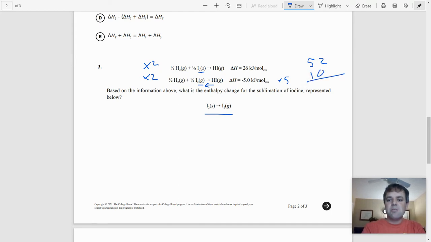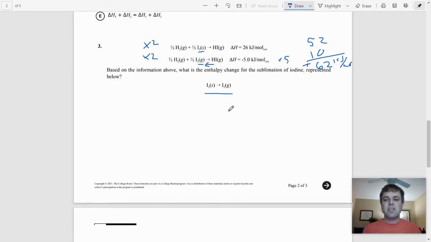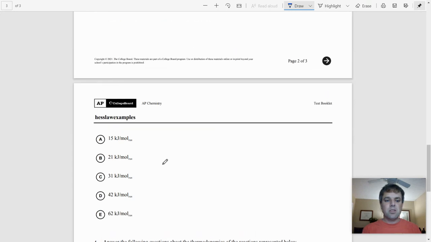You add them together, and you get 62 kilojoules per mole. And it's positive 62. Now, this should make sense because sublimation, going from a solid to a gas, has to be endothermic. If you got a delta H that's negative, that would be a problem. So here we have 62.